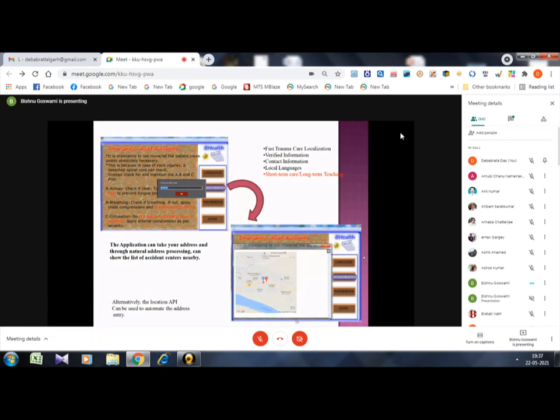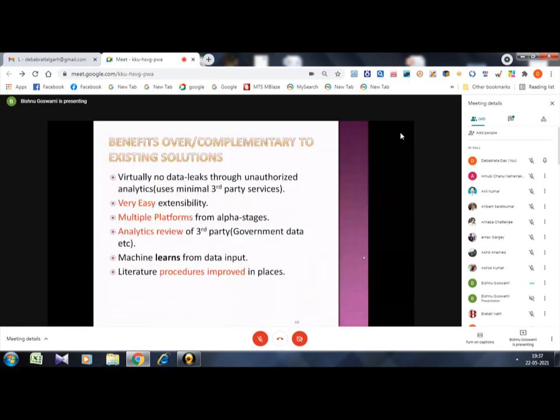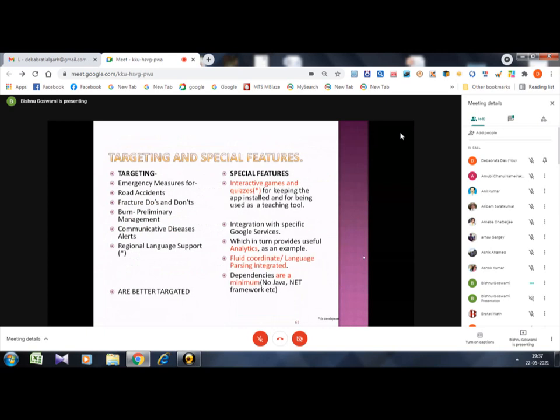It needed improvement, but we just tried to see how it can work. We had some special features for targeting, and this had also some interactive games and quizzes for keeping the app installed and for being used as a teaching tool. And the dependencies were a minimum, and analytics were also there.